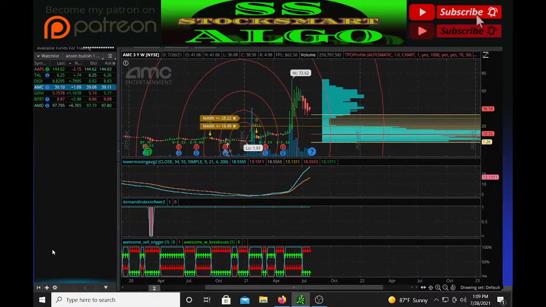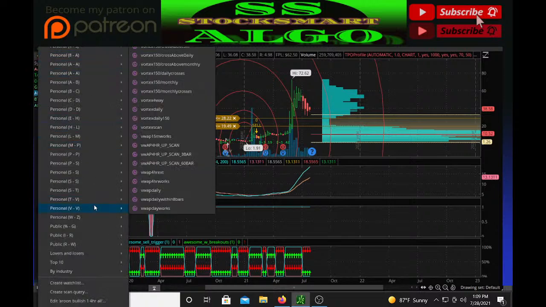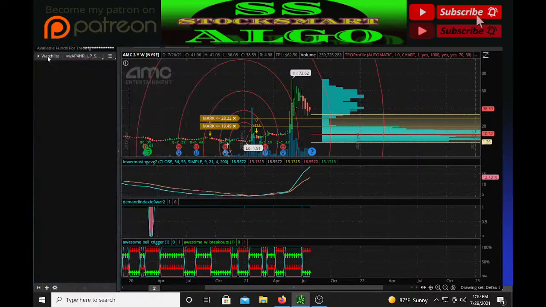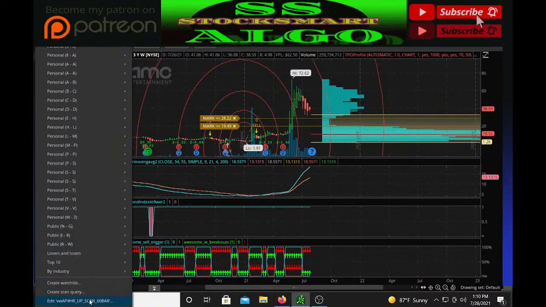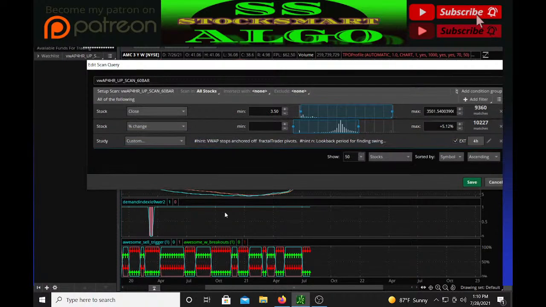And let's see if we can find another list that gives us even more fun information. Of course, a VWAP scan within 60 bars is nearly worthless. I don't know why one would use it. I think I made this the very first week I downloaded Thinkorswim. This is quite old.